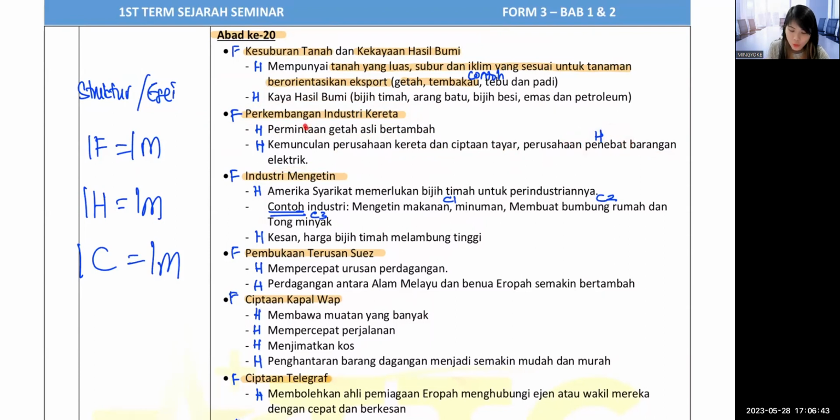Okay, so again, 1, 2, 3, 4 marks. Then industri mengetin. Remember, Amerika Syarikat is the one that introduced this industry. What other industry did they have? Mengetin makanan minuman, bumbung rumah, and tong minyak. Consequently, the prices went up. That's why they come in and conquer us.